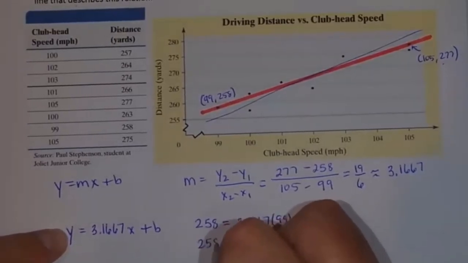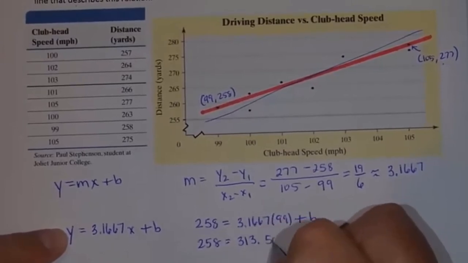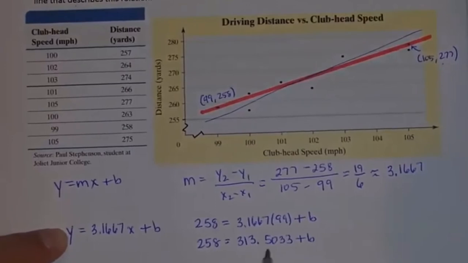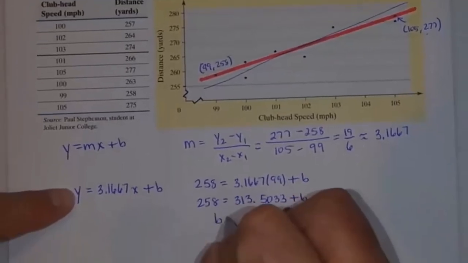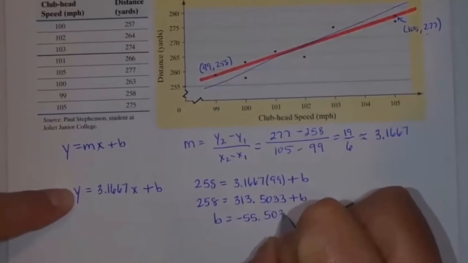So I have 258 equals 313.5033 plus b. So if I subtract the 313.5033 from both sides, 258 minus that is negative 55.5033. So our y-intercept b equals negative 55.5033.